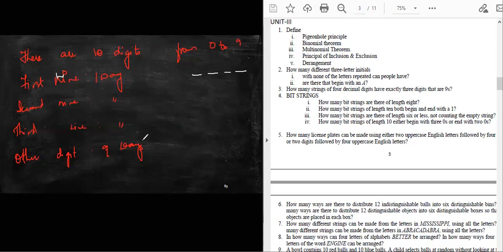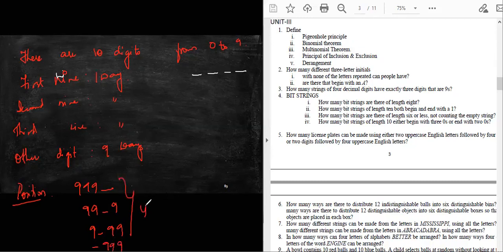So 9 ways. Now, how many different kinds of positions or combinations did we have? The different kinds of positions of placing this digit: 999 dash, 99 this way, and so on. Finally, these are the 4 different ways to place your digit between the exact 3 nines.